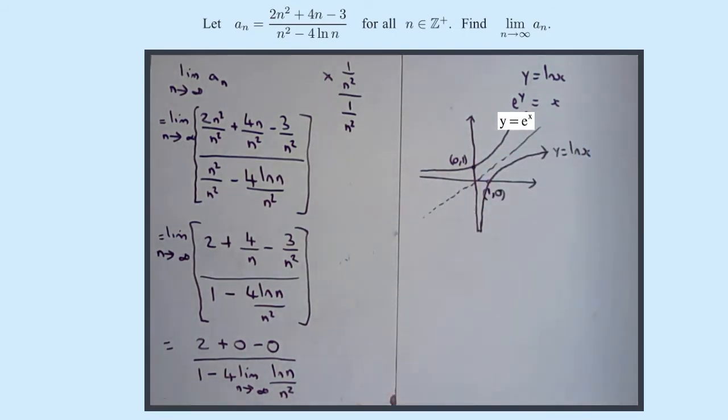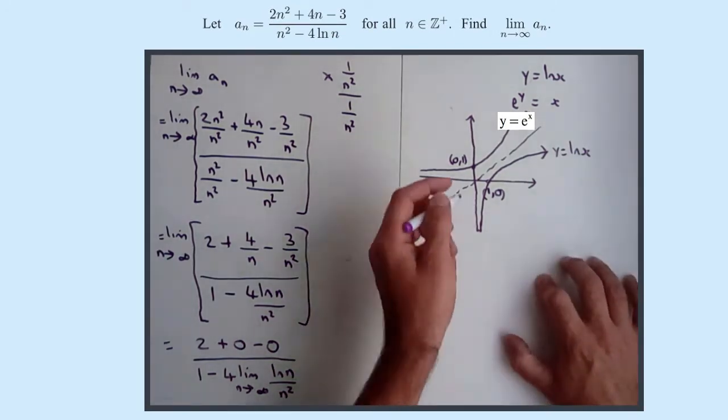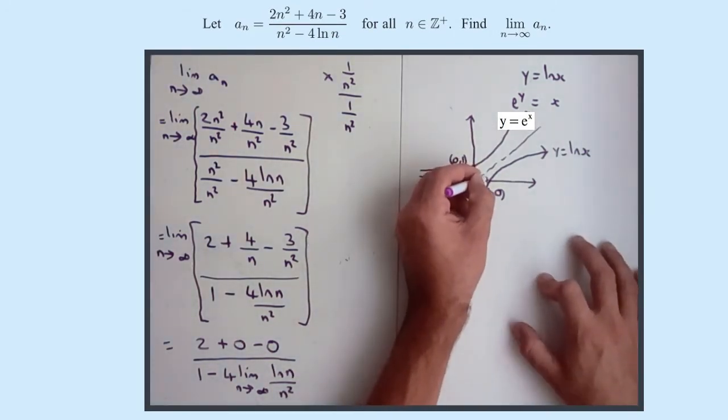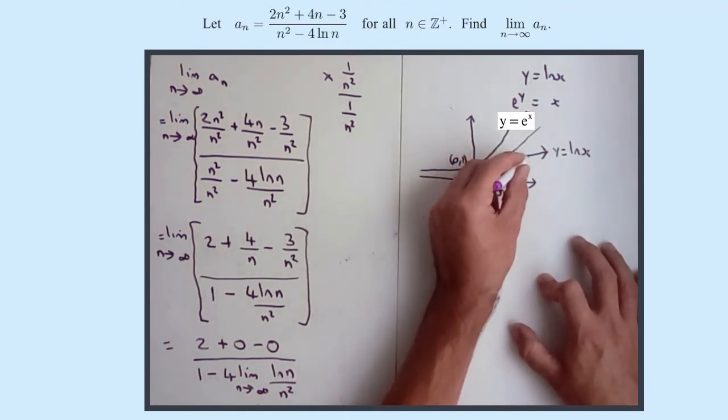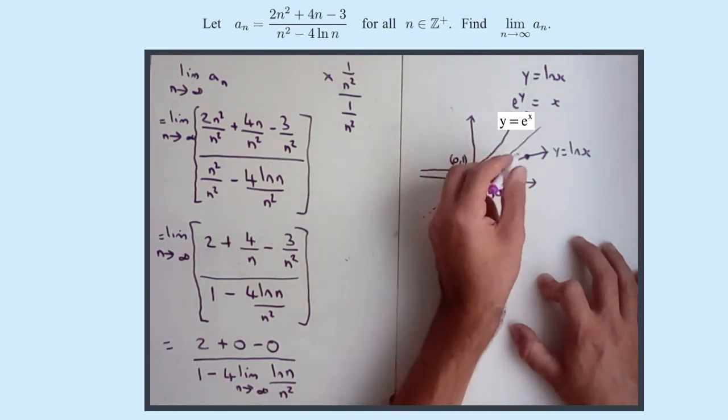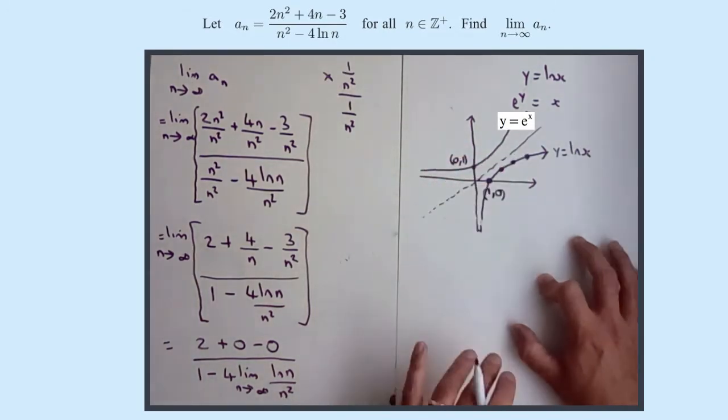So if we wanted to draw ln n for n greater than or equal to 1, well, remember, the first n would be 1, and then it would be 2, and then it would be 3 and 4. So the dots are the sequence ln n, right?